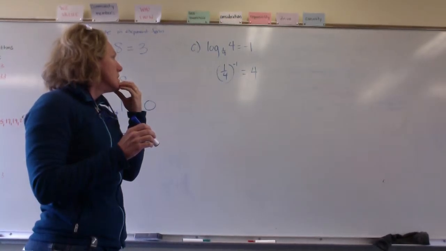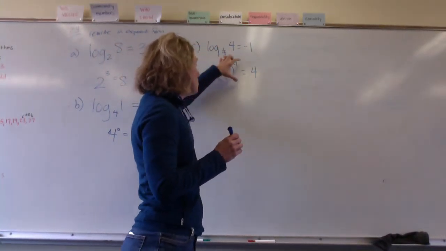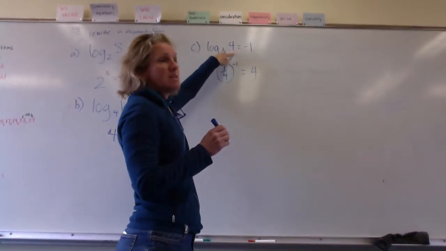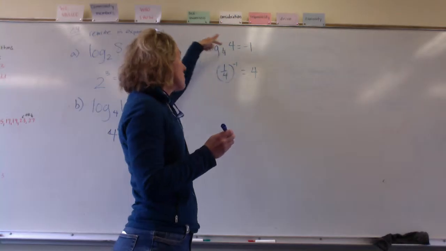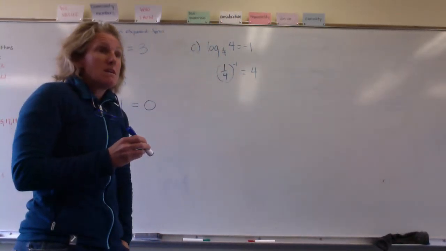Well, in terms of interpreting this, you should have this, because there's your base, there's your exponent, there's your answer. So if you want to show me that you understand how to rewrite a log, that's what you would do. Just rewriting it.